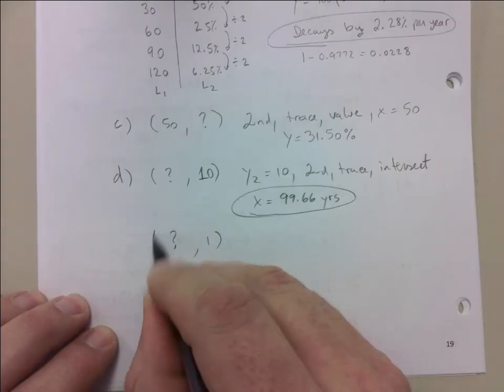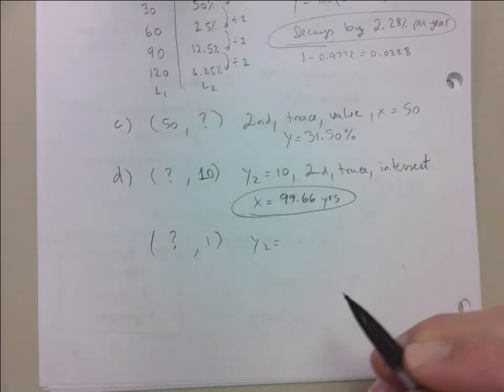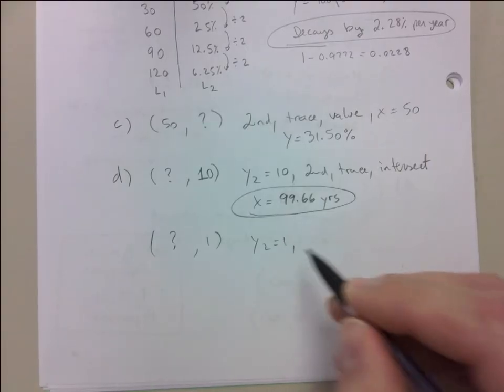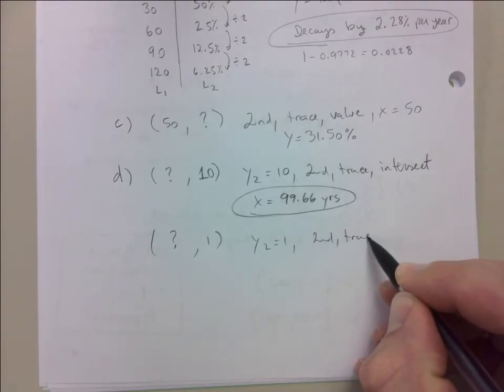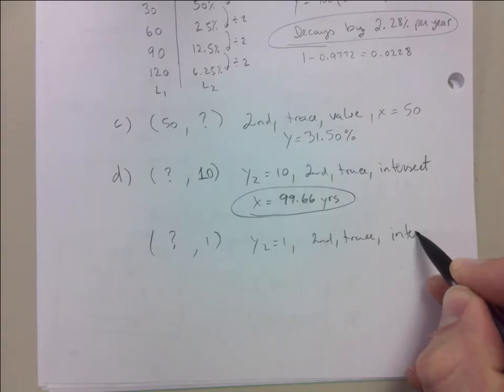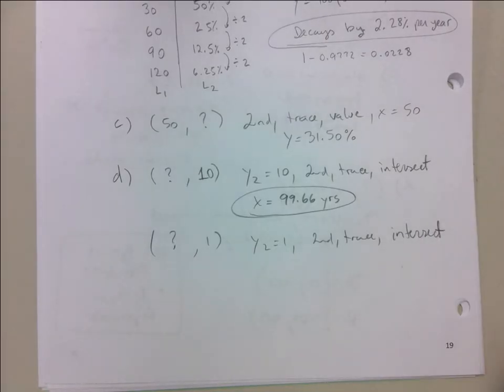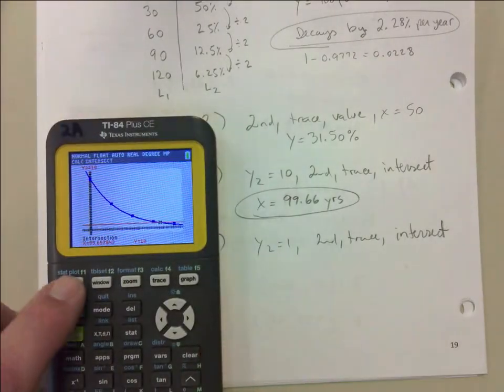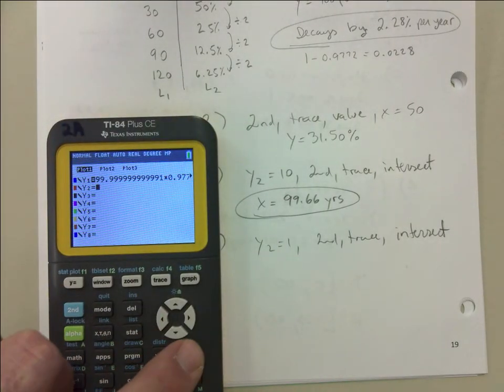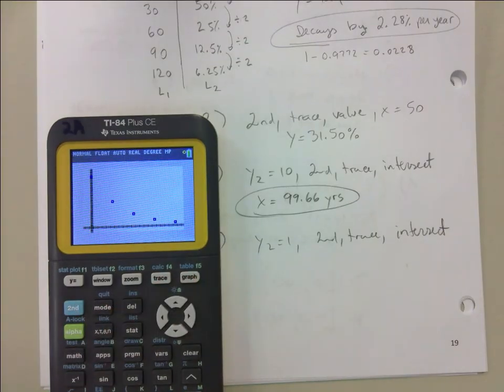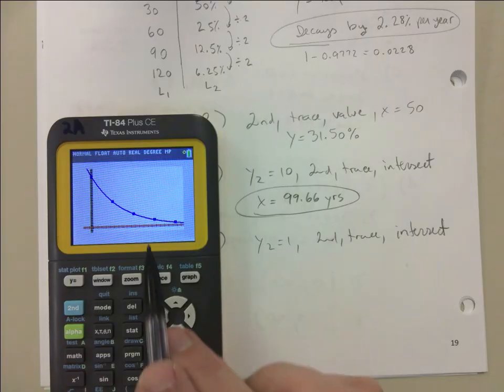What if it's 1%? y2 is equal to 1, second, trace, intersect. Graph. I may have to increase my window. Probably, right?